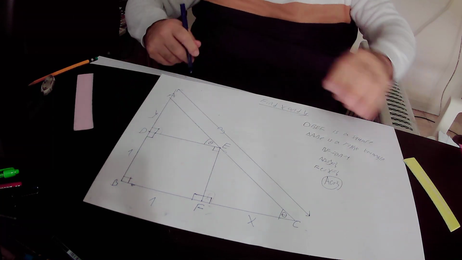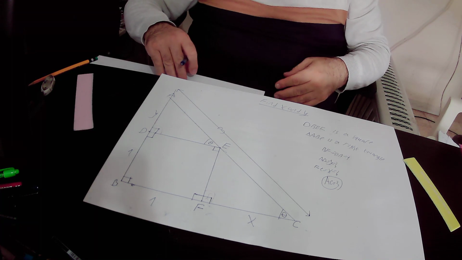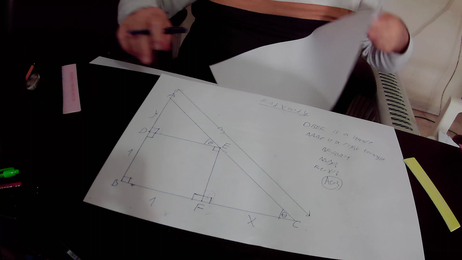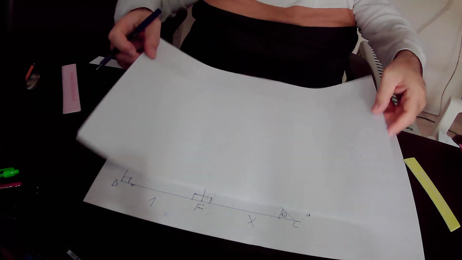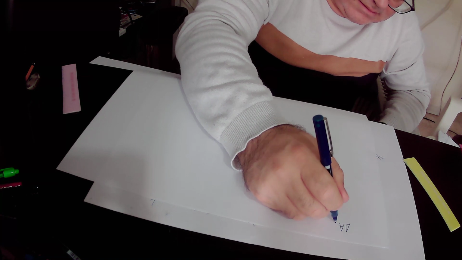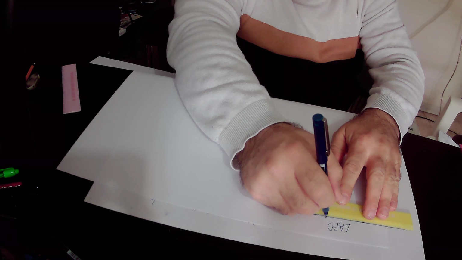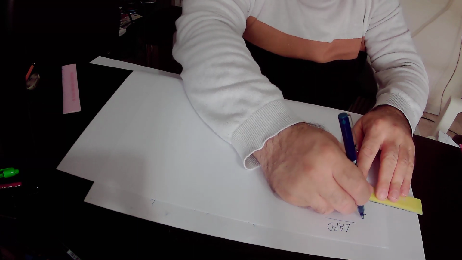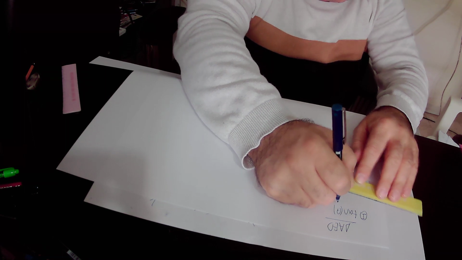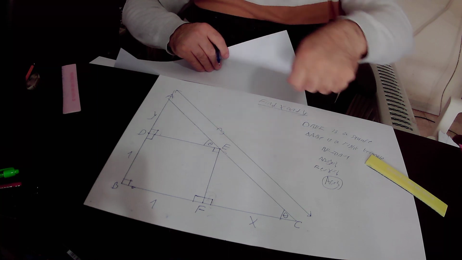And in the next step, we will focus on the right triangle, triangle AED. In the right triangle, triangle AED, we know that tangent theta equals AD over DE.